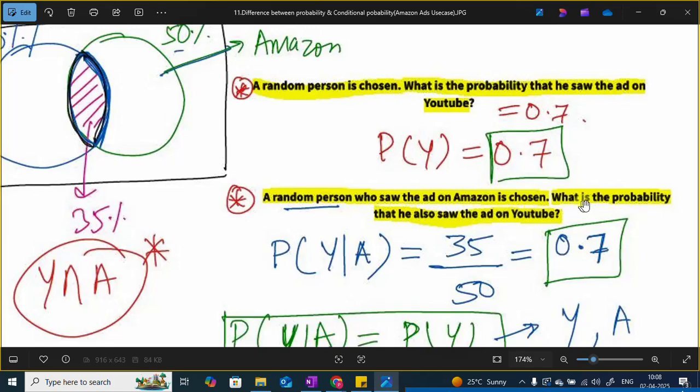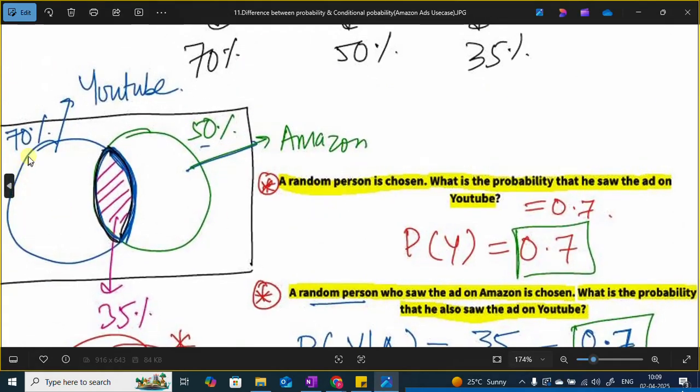Fantastic. What does probability mean here? It is the fraction, or the probability, that he also saw the ad on YouTube. If I talk about YouTube, then that comes to this blue color circle. Now tell me, out of this green color circle, which part belongs to this blue color circle? It is nothing but this overlap part, highlighted by this pink color area.